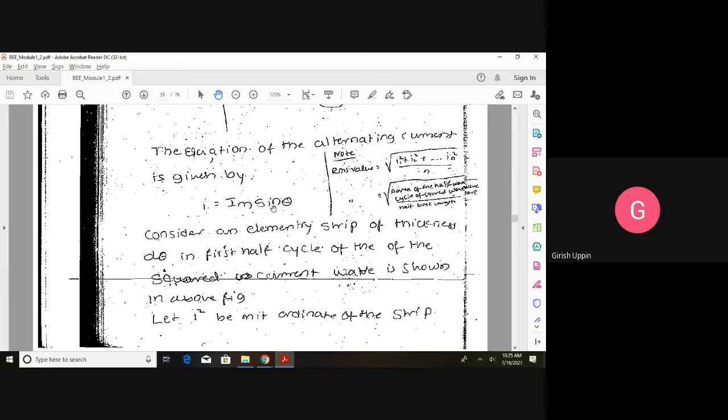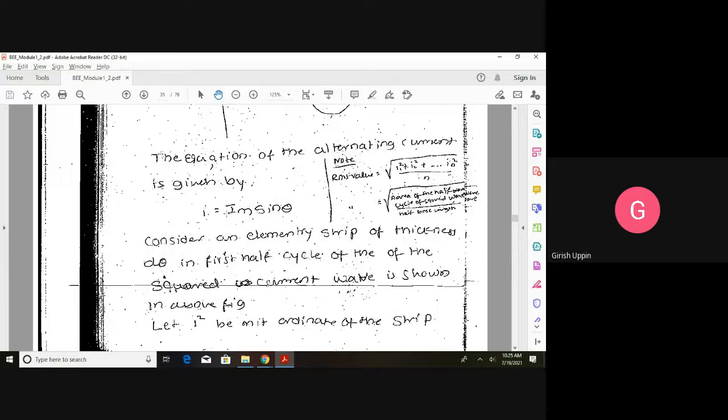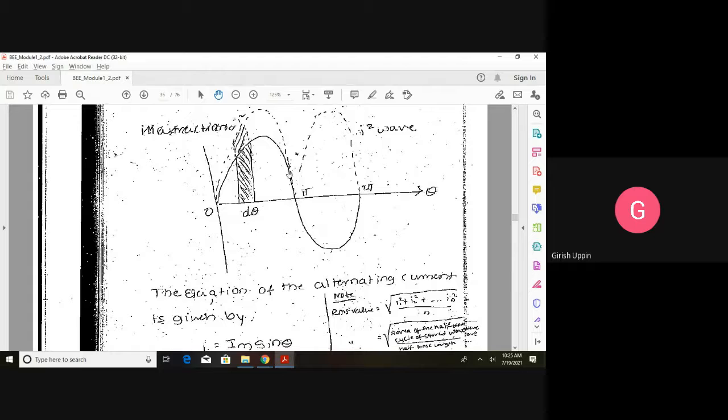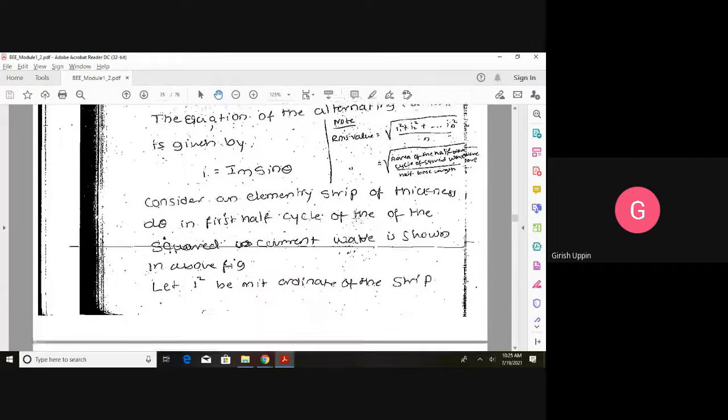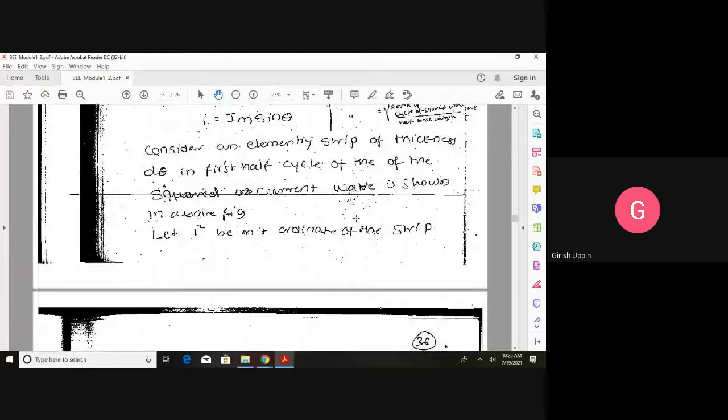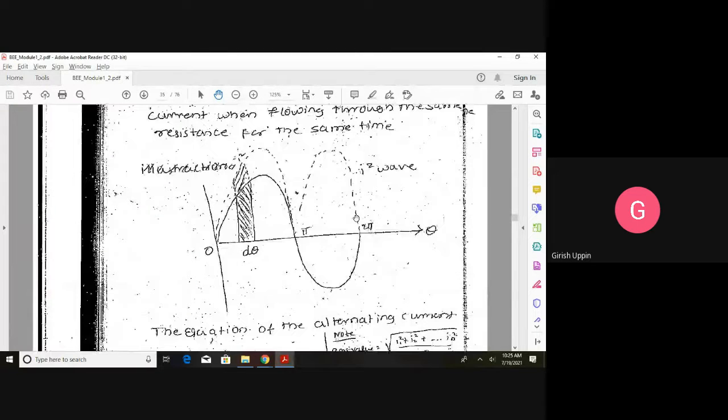We know that the equation of the current is I is equal to Im sin theta. In the same fashion, we are going to find the area. We consider a small strip on the squared area. The width of that strip is d theta, which is very small, and the height is I square. Because it is a very small strip, both sides are equal.